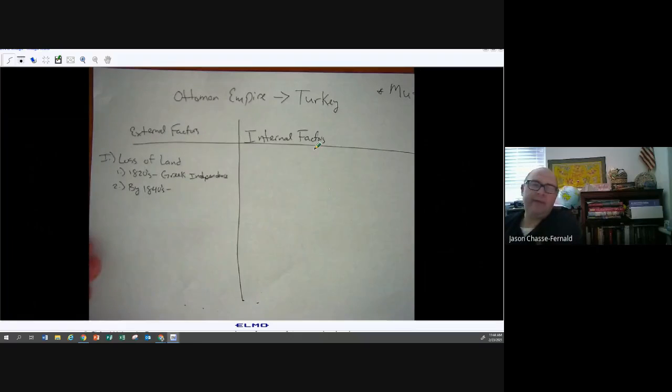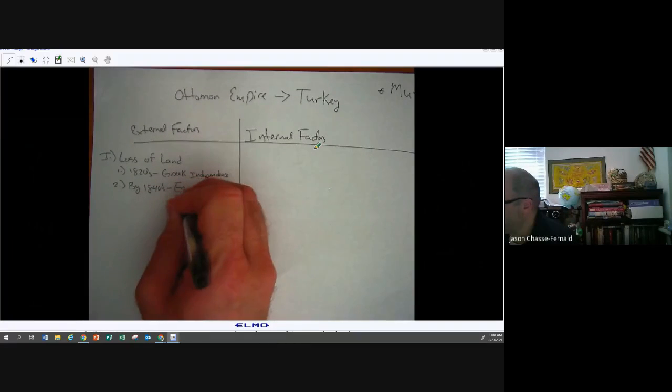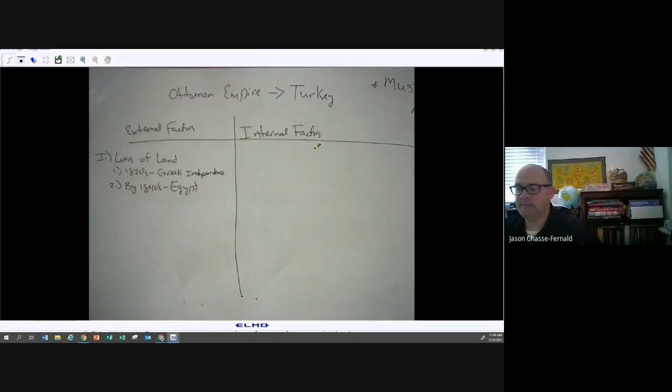And I'm going to put by the 1840s because I am not an expert on Egyptian history, but based on what I know from Egypt, I know that by the 1840s, Egypt is acting as an independent sovereign state.